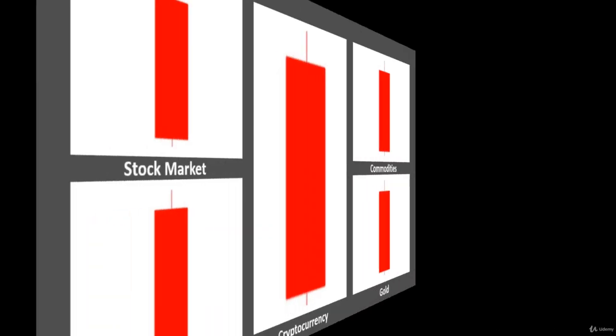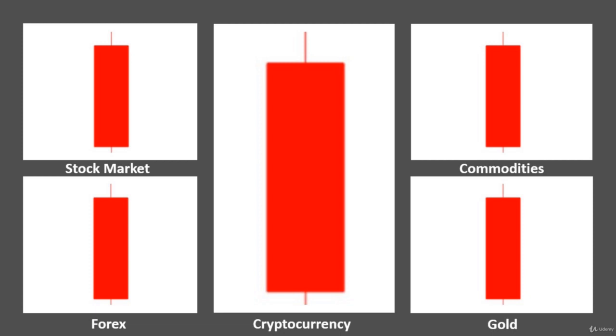By the same token, because they're all securities, it doesn't matter what type of security market you're working with. Whether it's cryptocurrency or the stock market or Forex or commodities like pork belly prices or gold or silver and other precious metals, a concept like candlesticks will be universally applicable.